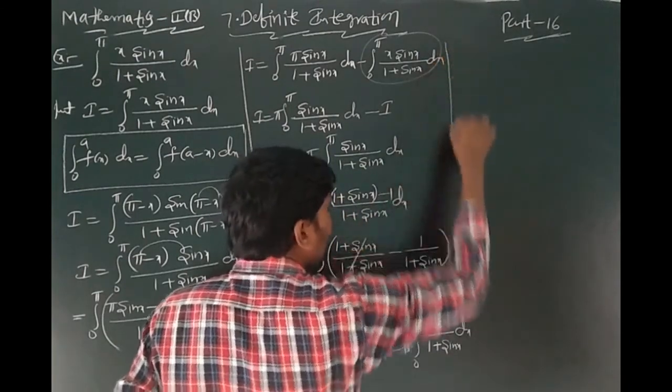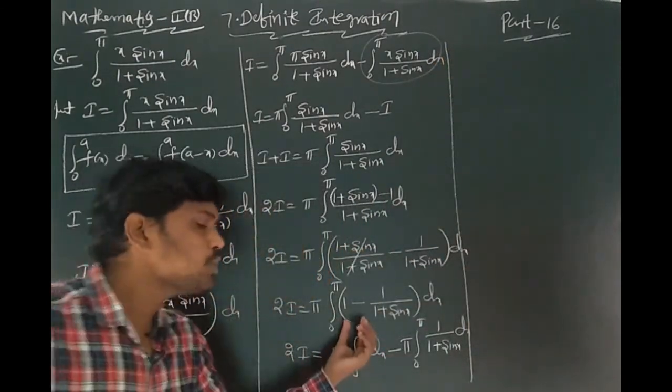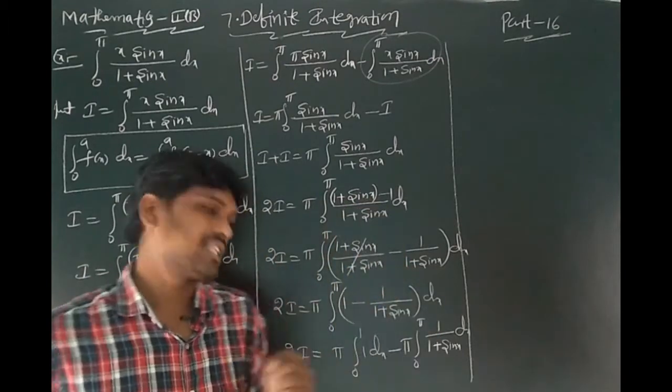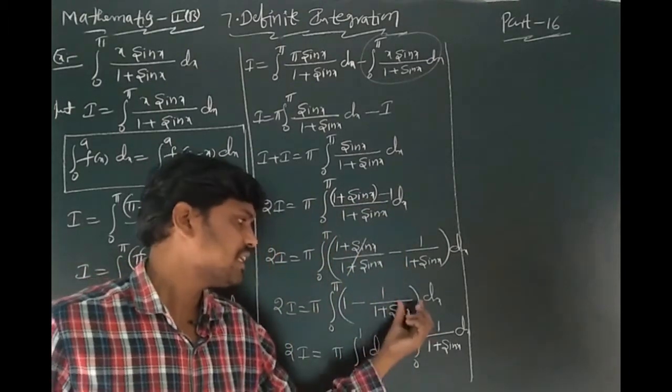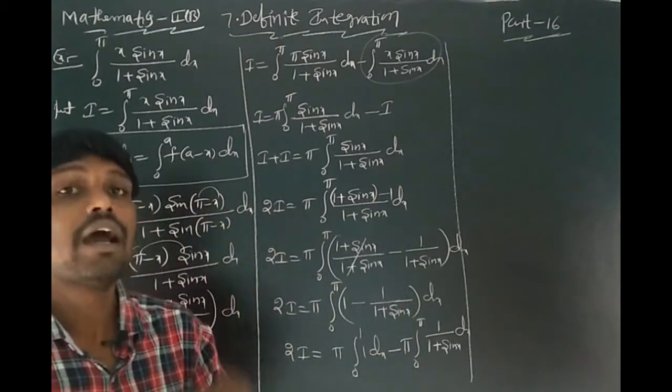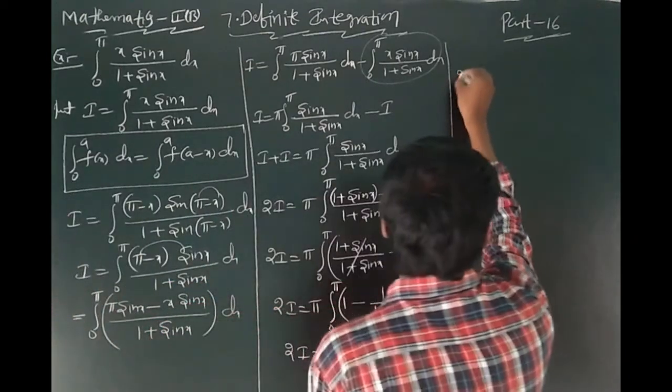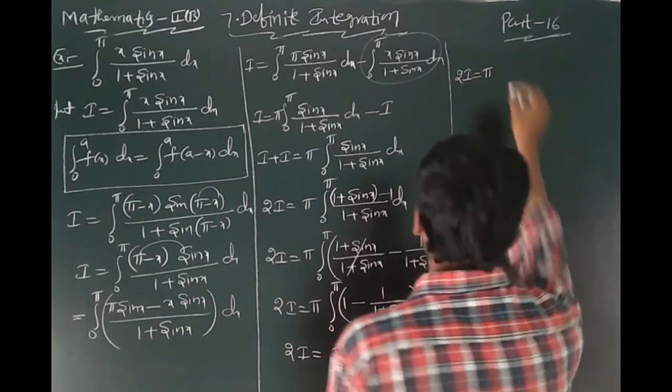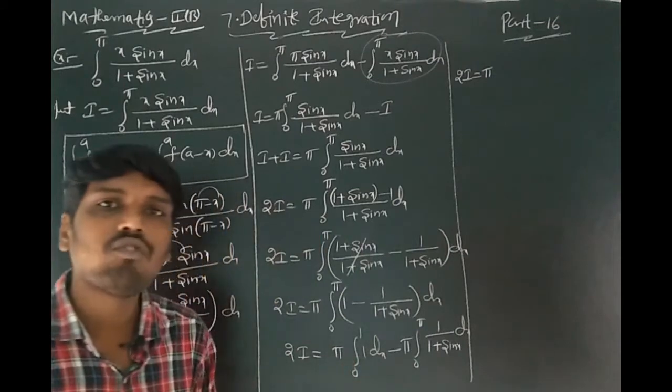Here you can separate the two terms into separate integrations: first term separate integration, second term separate integration. Next, 2I is equal to pi into, what is the integration of 1?